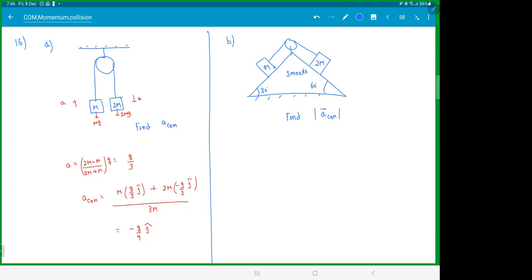Do check out the 16th one. 16A is easy. G by root 3 minus G by 6.